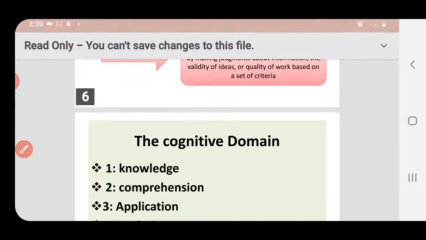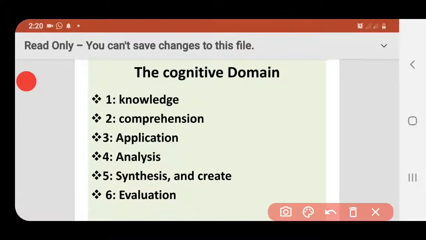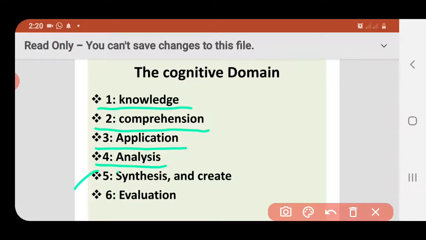So what we learned in this cognitive domain: we learned knowledge, that was the first, then comprehension in the second level, application is the third level, analyzing is the fourth, and synthesis and creating is the fifth level of this cognitive domain.